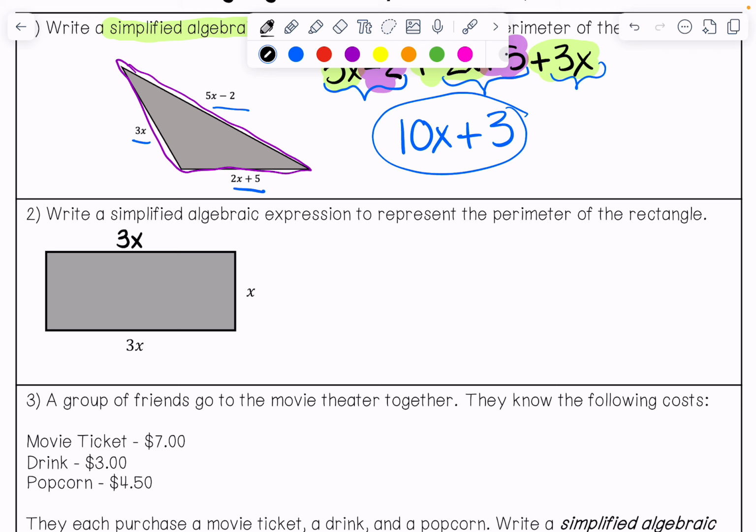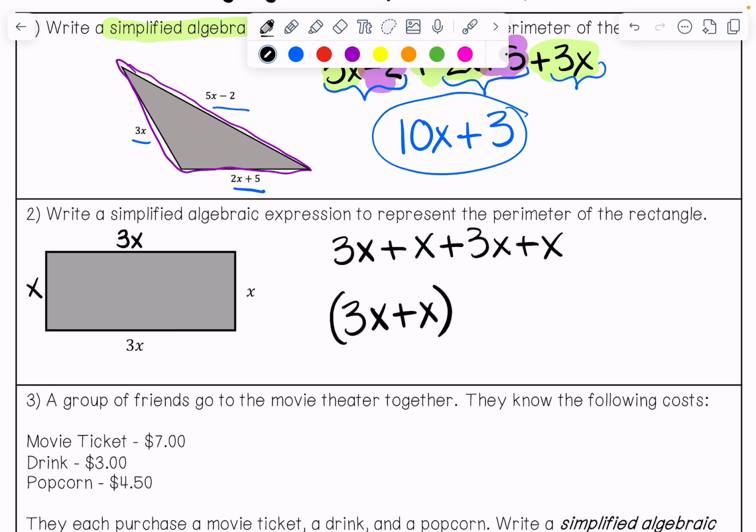And if my right side is x, then my left side is also x. So if I want to add up all of my sides, I'm going to have 3x plus x plus 3x plus x. Some of you might also do something like 3x plus x and multiply that by 2. That would be another way that you could think of this problem.